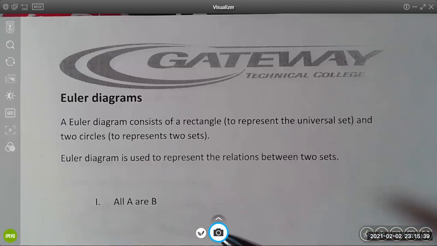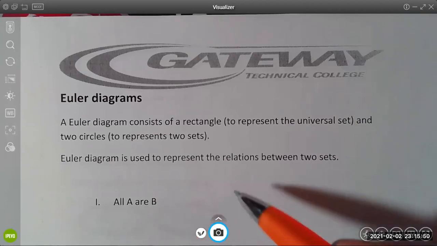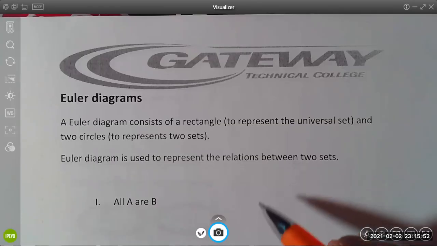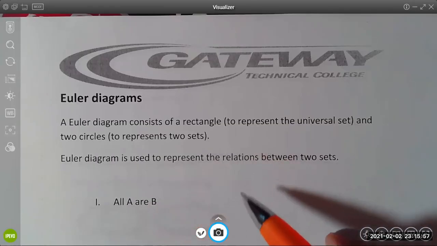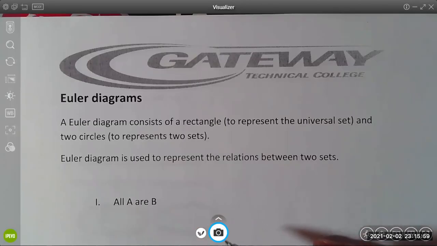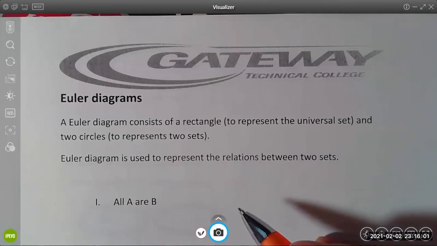Now, in Euler diagram, we don't need to fill each different region with elements, just like what we do in the Venn diagram. So we only have a rectangle and two circles. What's more important in Euler diagram is the relation between those two sets, and there are only 4 of those.